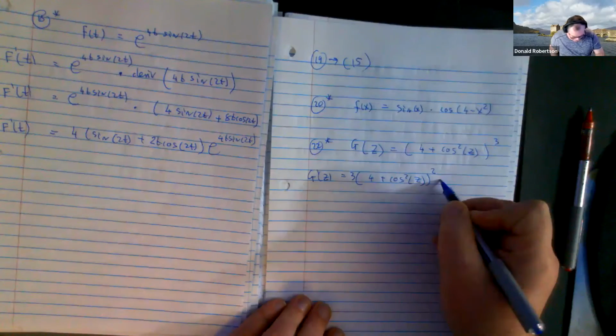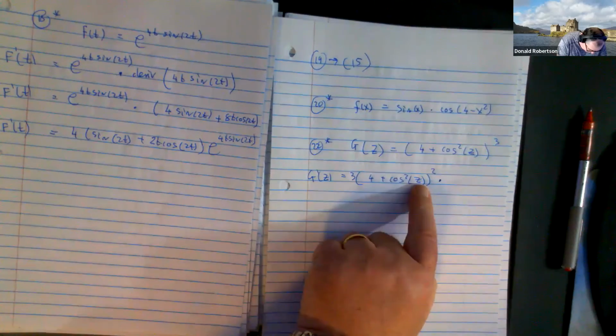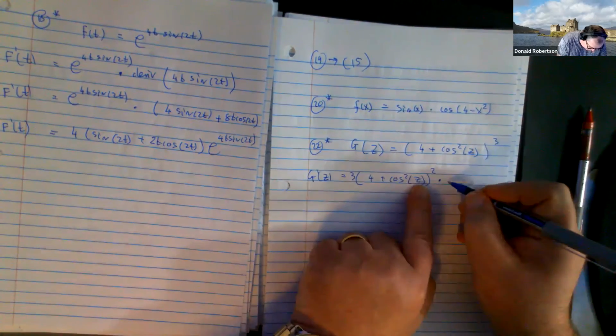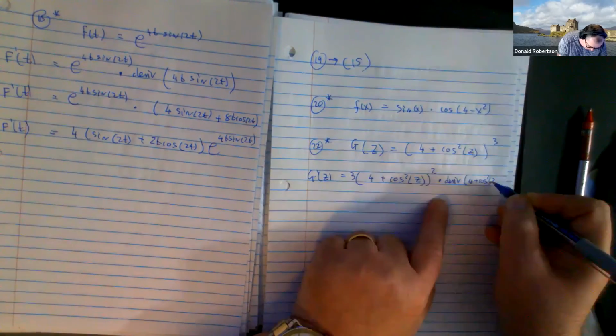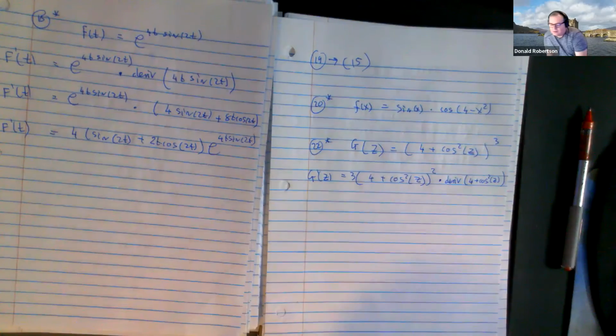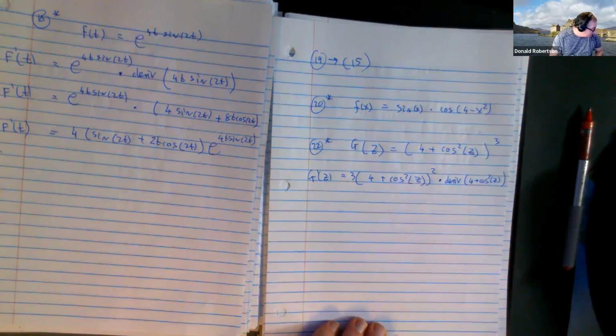But then you'd have to find the derivative of 4 plus cos squared z. Isn't cos squared z, cosine z in big brackets all being squared? So isn't that actually another chain rule? Next one, pretty straightforward.